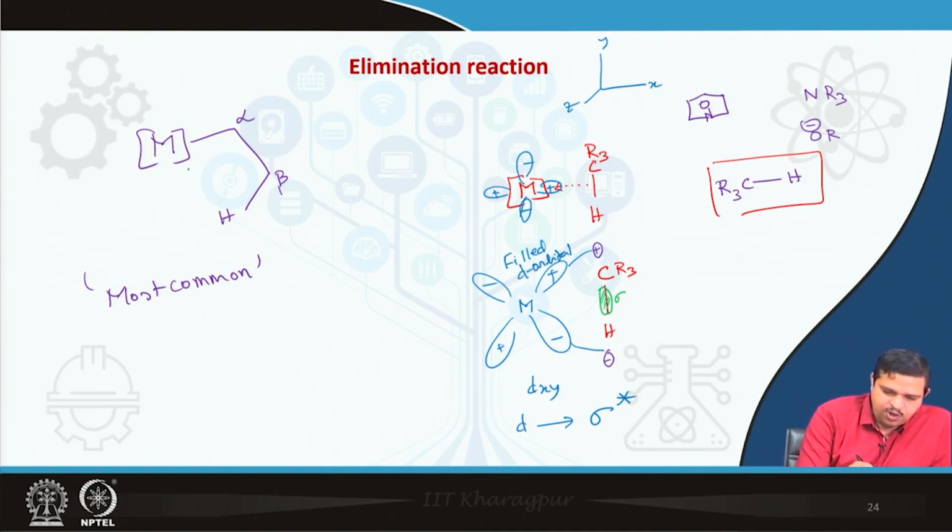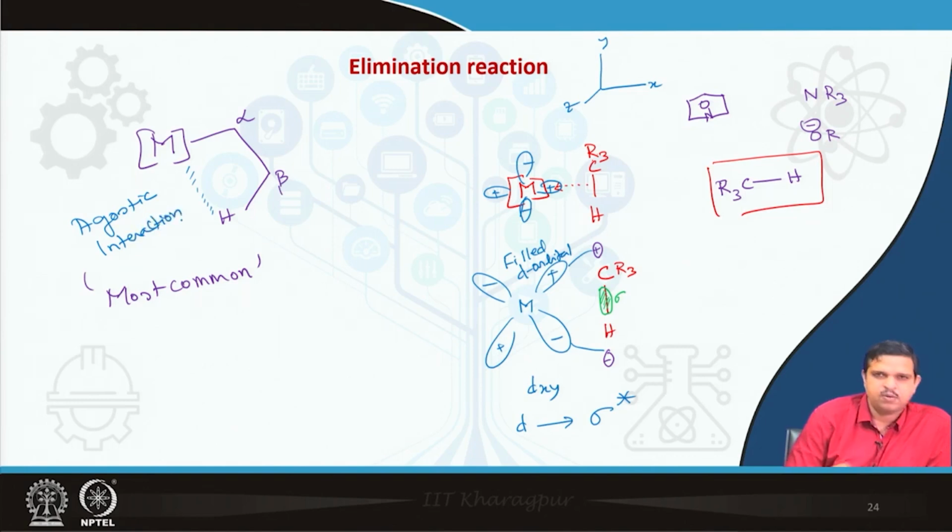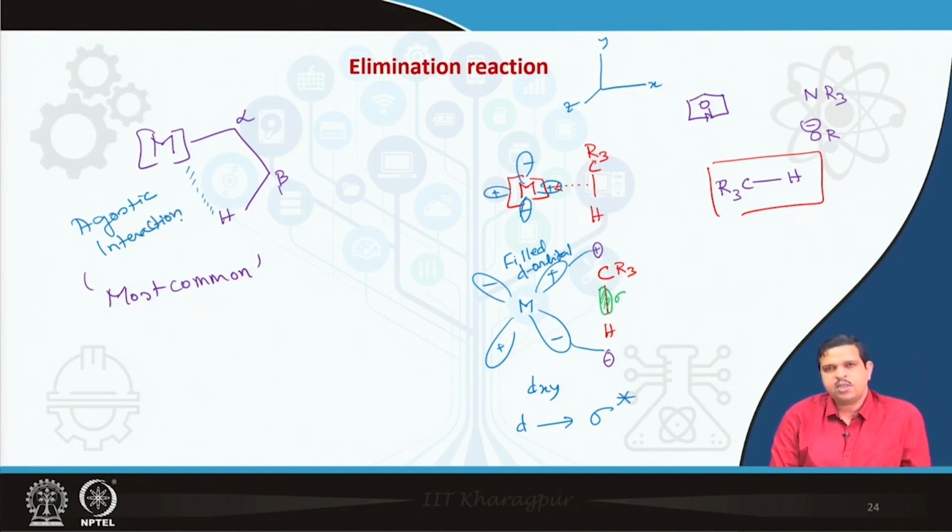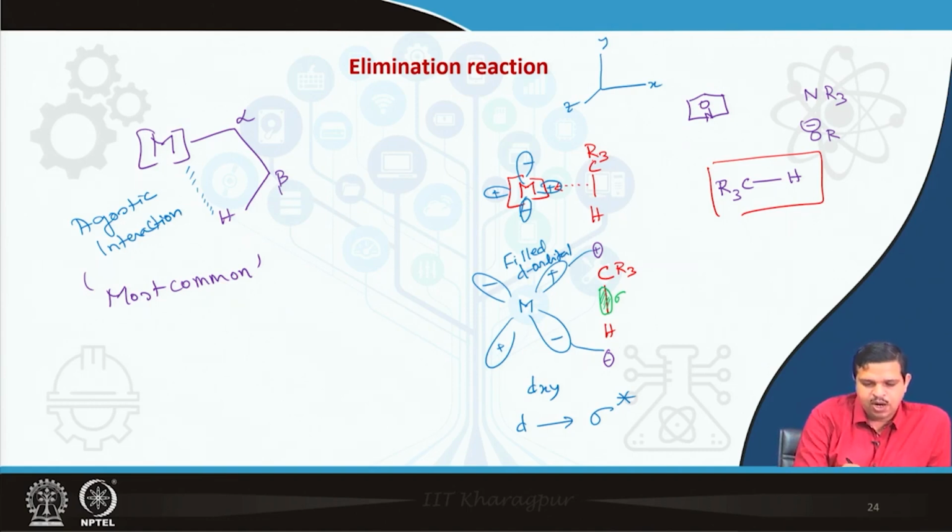If this scenario comes, where the hydride is in close proximity to the metal center, we call this agostic interaction. I am sure you have heard this name, agostic interaction. If this agostic interaction is very strong, then it will undergo the elimination reaction.